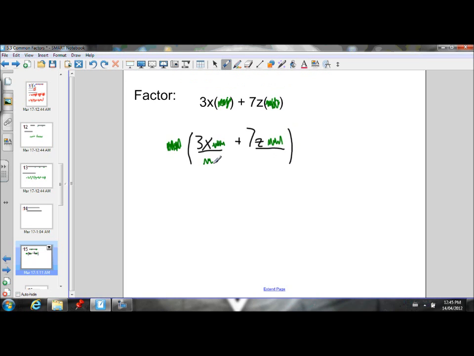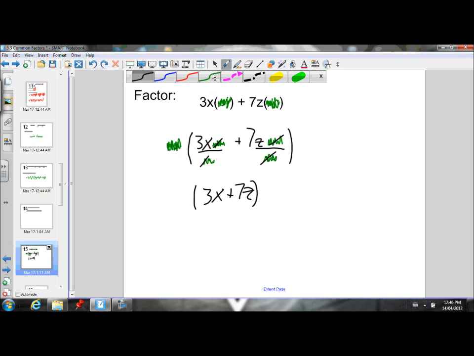Okay, those green things are all going to cancel. Cancel, cancel, cancel, cancel, and what we're left with on the inside is just 3x plus 7z, and out front we have that factor of the green something.